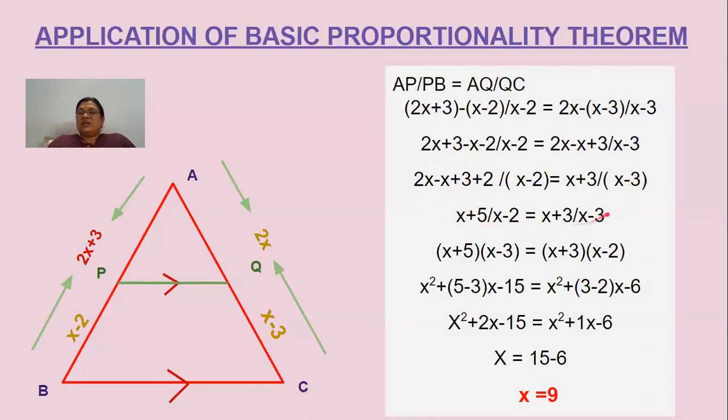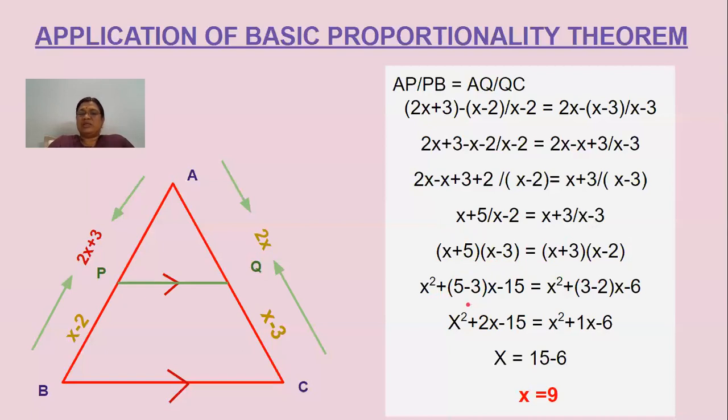And here when you cross multiply, you get like this. This is the formula I have kept here. This is a binomial and this is a binomial, and when you multiply, it is (x plus a) into (x plus b).